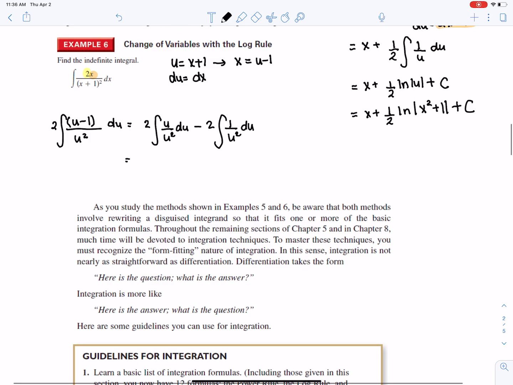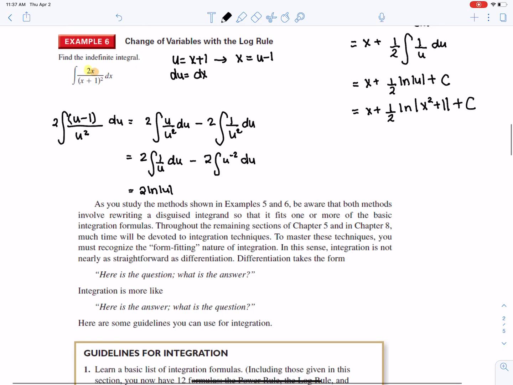This becomes 2 integral 1 over u du, which we know is the ln function, ln of absolute value of u. Minus 2. Now this one just becomes power rule, but I need to bring the u up to the numerator. So I'm going to add 1.